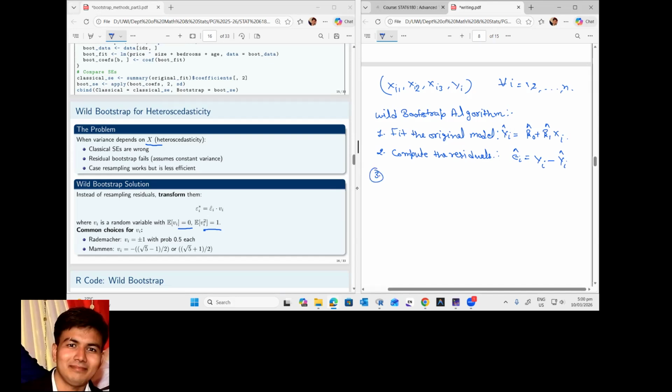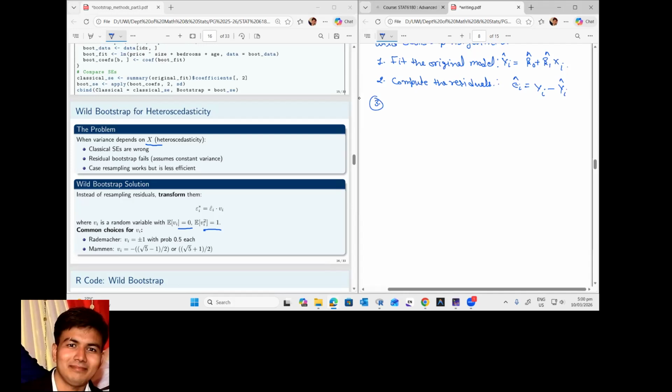In the third step, for small b equals 1 up to capital B, maybe 10,000, for each i, generate a random variable vi independent of the data.